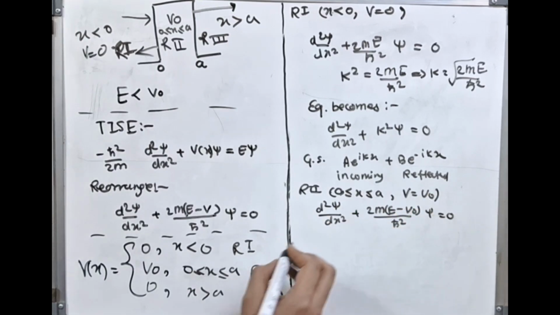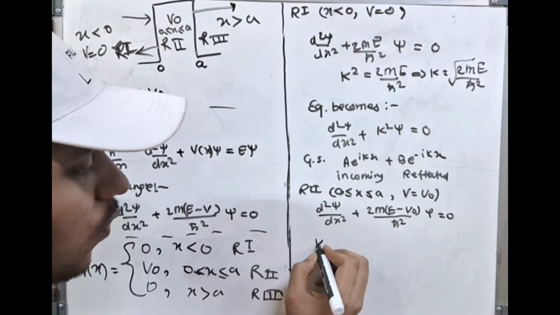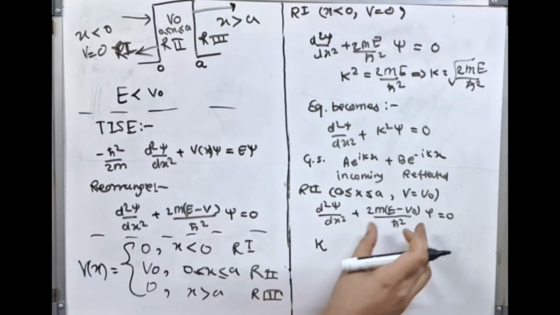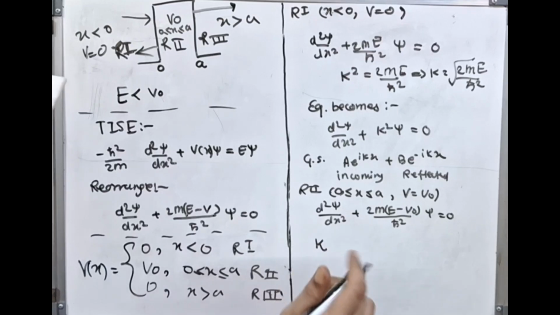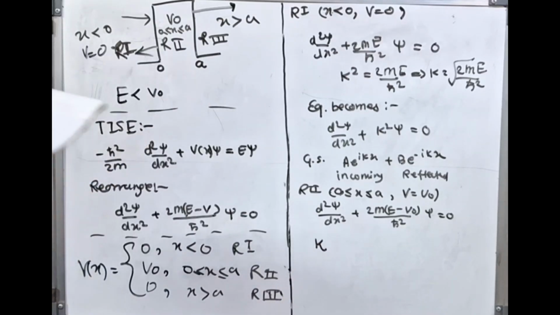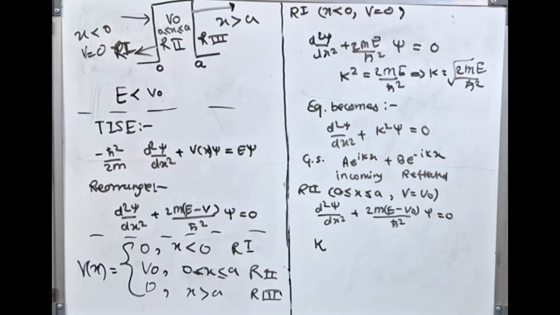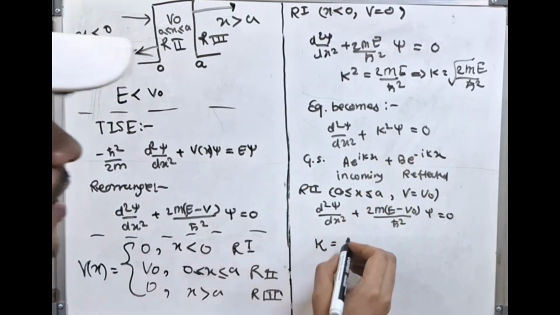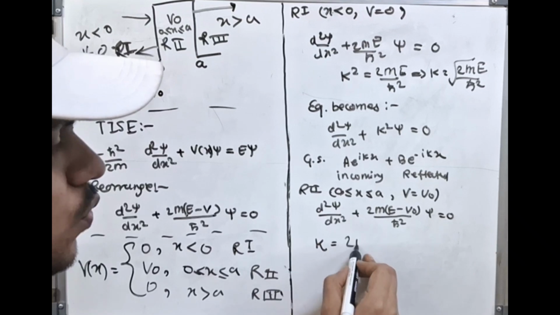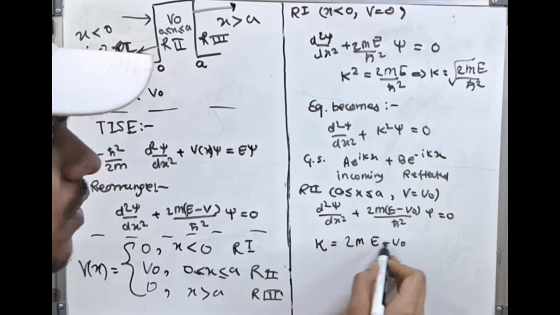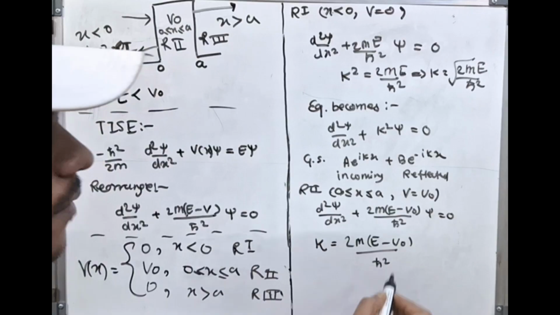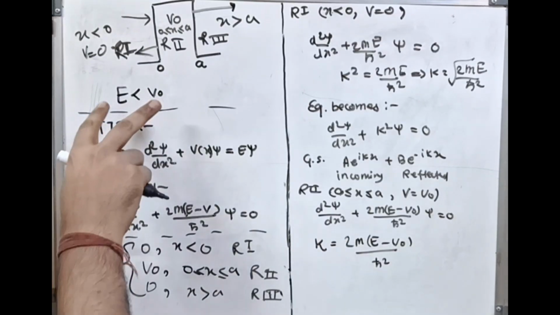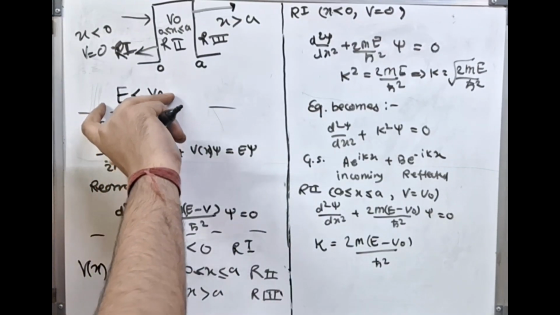Again we are going to refer to this overall quantity as kappa, indicating that this is a region of decay where our particle partially becomes 0 and not completely 0. So we put this as 2m(E minus V naught) by h cut square. But if you note carefully, our E is less than V naught, right?